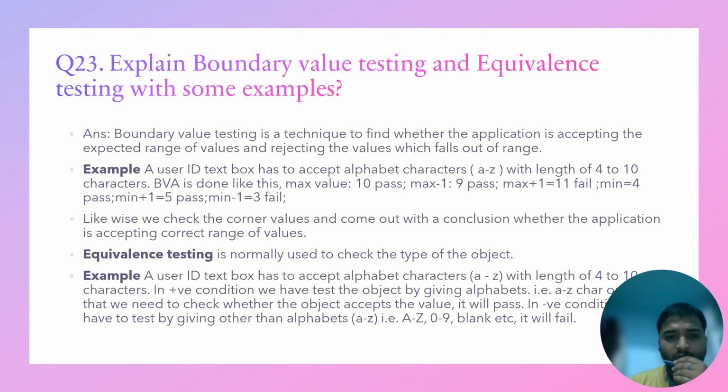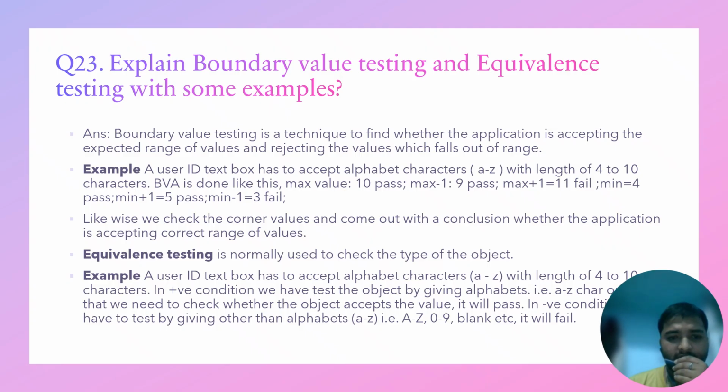Explain boundary value testing and equivalence testing with some examples. Boundary value testing is a technique to find whether the application is accepting the expected range of values and rejecting the values which fall out of range.